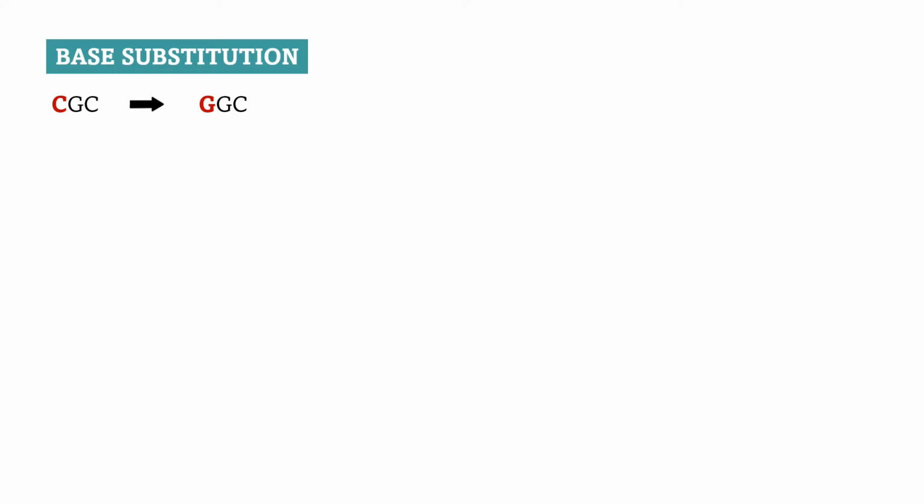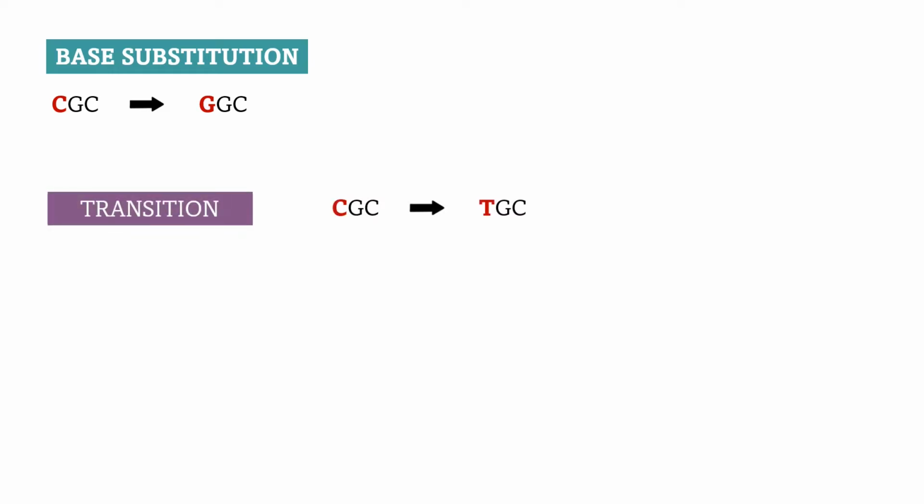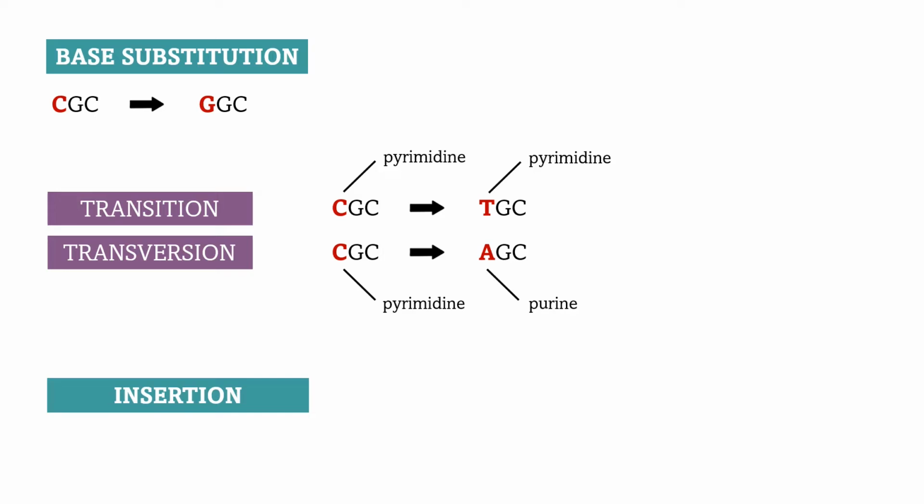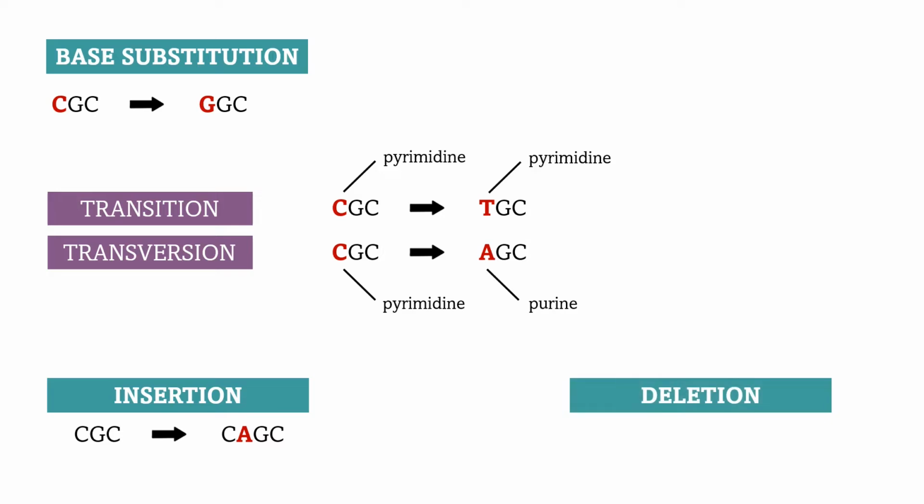There are two types of base substitution: transition, when a purine is replaced by another purine or a pyrimidine is replaced by another pyrimidine; and transversion, when a purine is replaced by a pyrimidine or a pyrimidine is replaced by a purine. We also distinguish insertions, mutations in which one or more nucleotides are added, and deletions, mutations in which one or more nucleotides are removed.